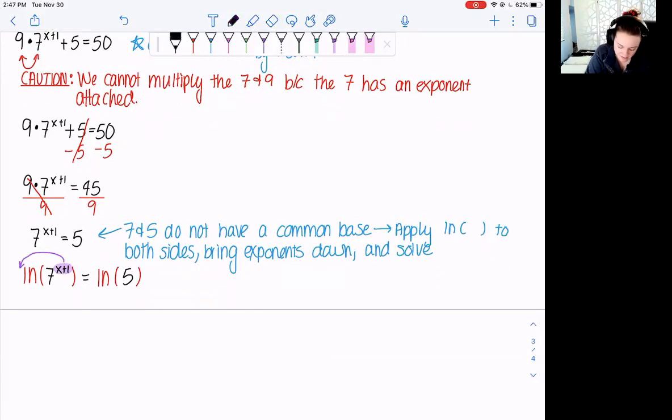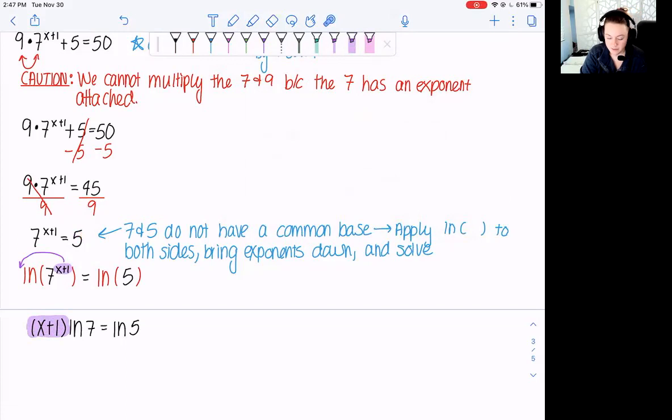When I do that, I have, oops, not 7. I have x plus 1, and I have it in parentheses, times ln 7 is equal to ln 5. Let me do a little highlighting and then double check that you understand what happened.